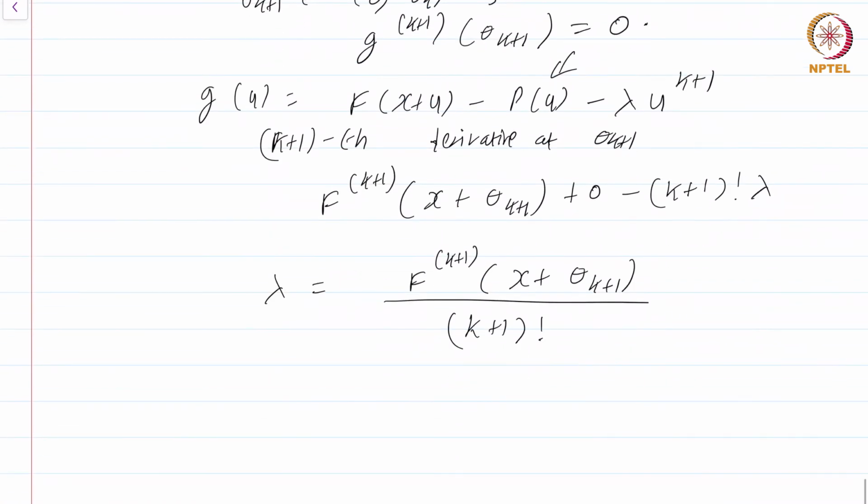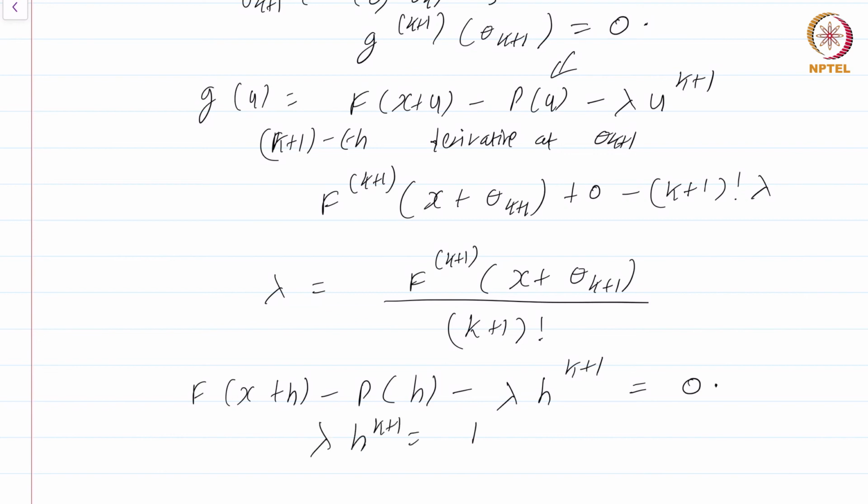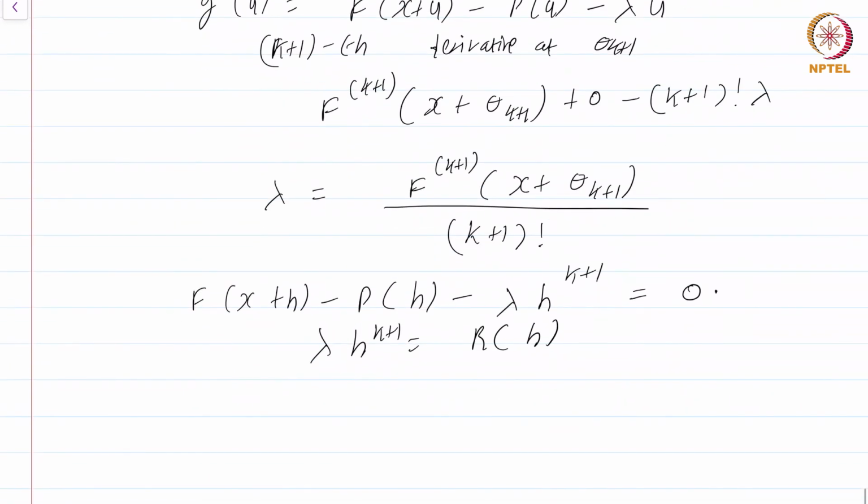But wait a second. How was lambda chosen? Lambda was chosen so that f of x plus h minus p of h minus lambda h to the power k plus 1 is 0. Right? In other words, lambda h to the power k plus 1 is what we have been calling r of h all along. It was just a different name that we have given. But lambda is nothing but f of k plus 1 at x plus theta k plus 1 by k plus 1 factorial.